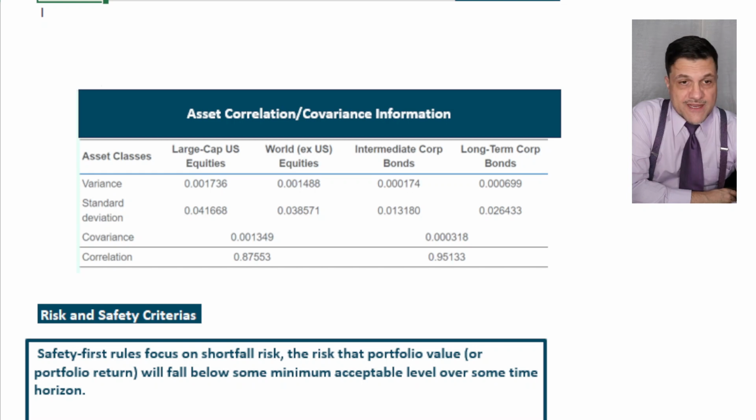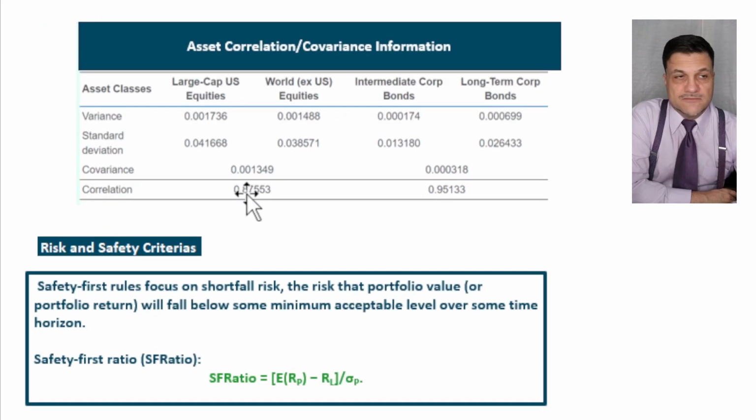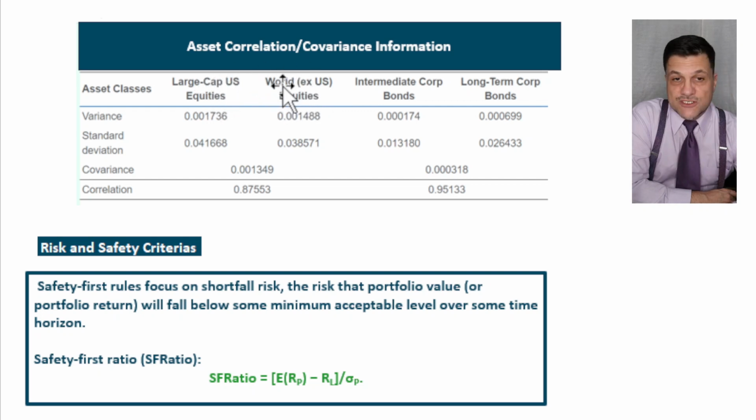Now, not on the question, but on interpretation, what do you think about the correlation? 0.875, 0.951. Large cap equities, right? Large cap versus the world. So comparing all the large cap equities in the United States with the large cap outside the United States, there's a correlation of 0.87.